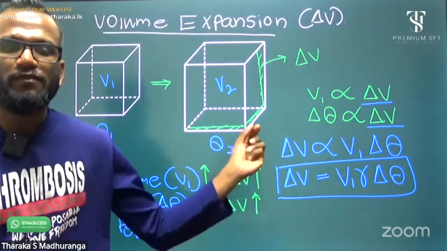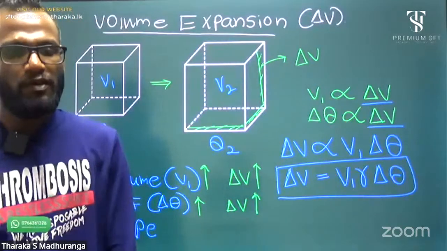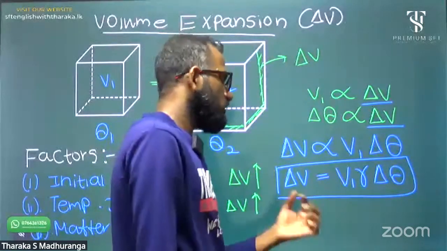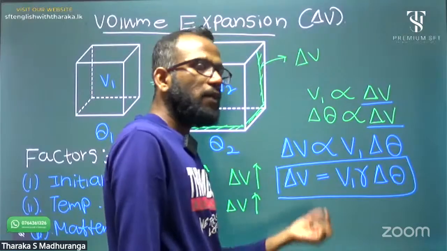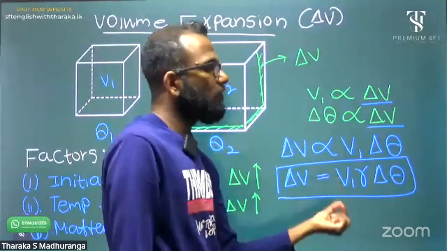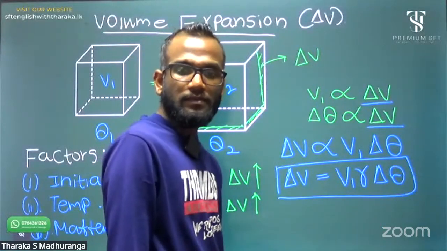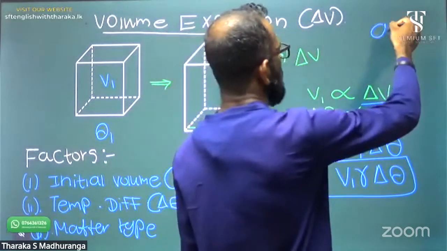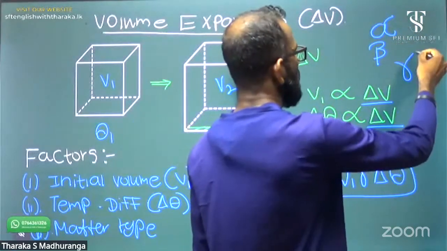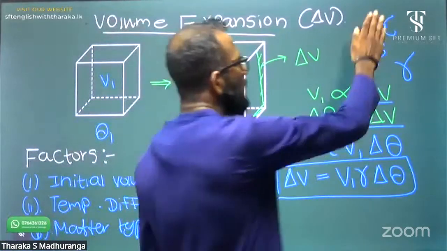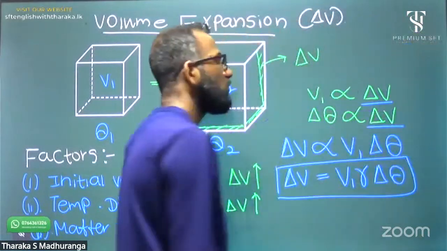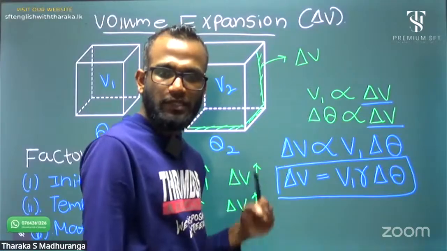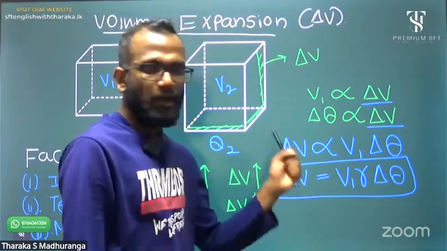It is the same as the previous equations, where alpha was used for linear expansion; here it is gamma. Delta V equals V1 gamma delta theta.